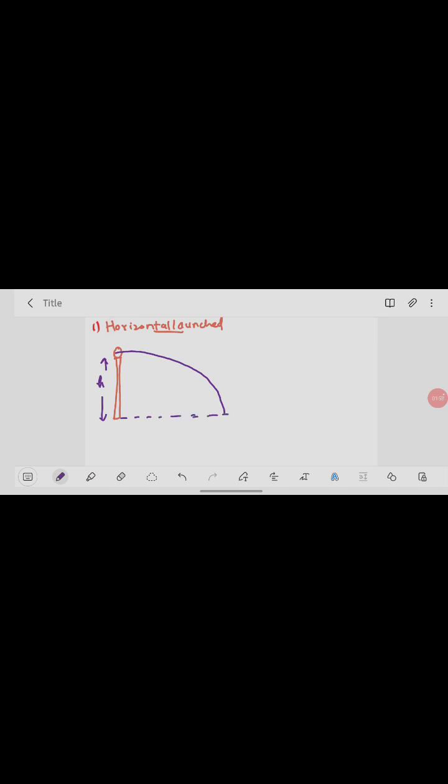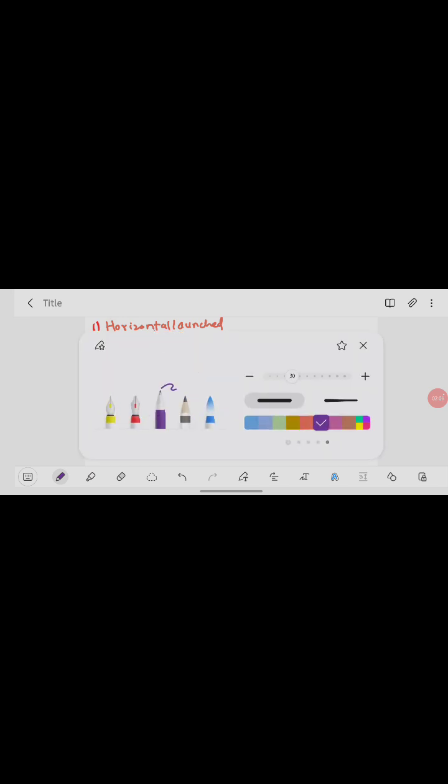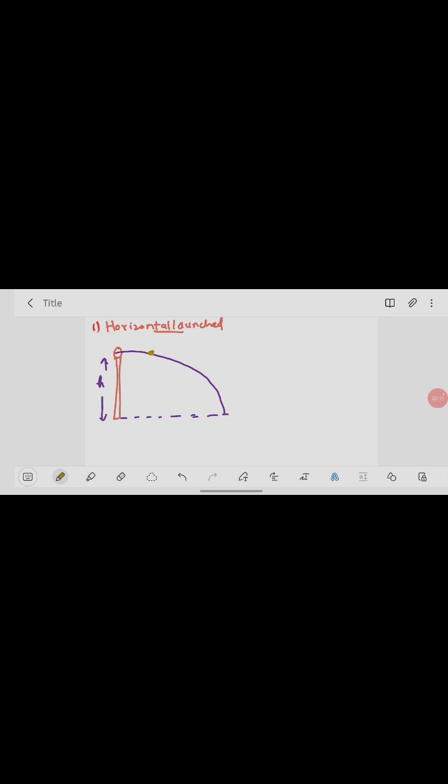So in the horizontally launched case, what are the different positions you can consider? Let's say the position is here. The velocity component you can show like this, and the velocity is tangential, you have to show that.